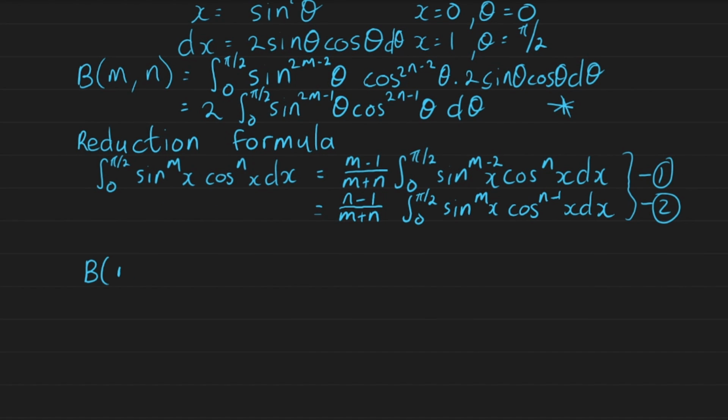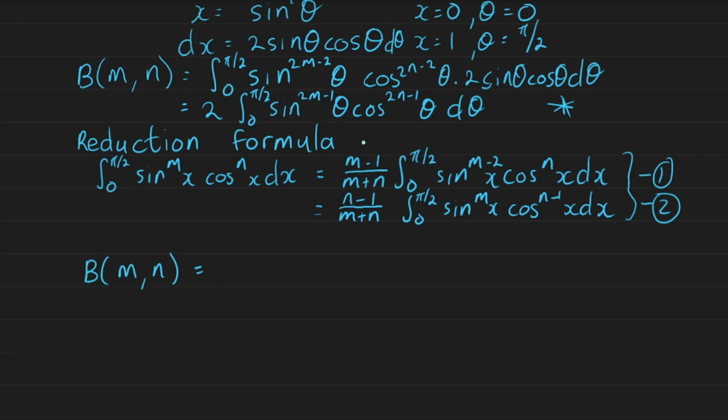This beta function of m and n was equal to 2 times the integral from 0 to pi over 2. That remains the same. If we apply this first result, we have m minus 1. But it's not m that we have, it's actually 2m minus 1. So we won't use m, we'll use 2m minus 1.